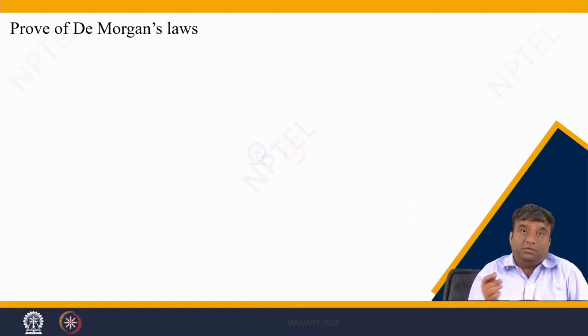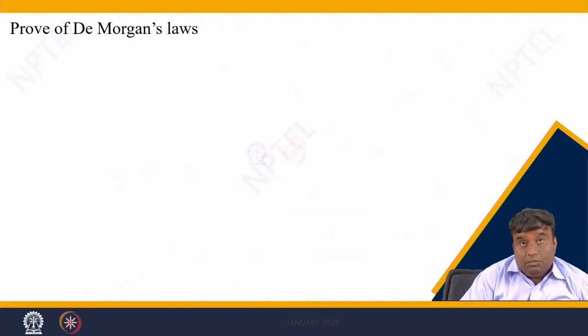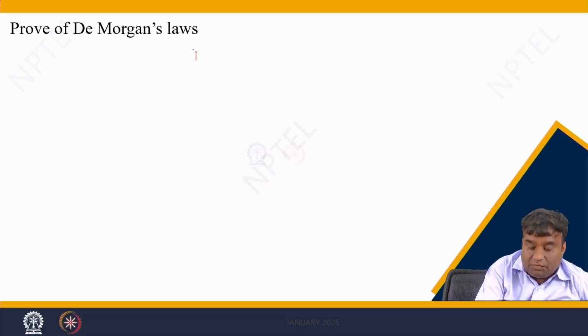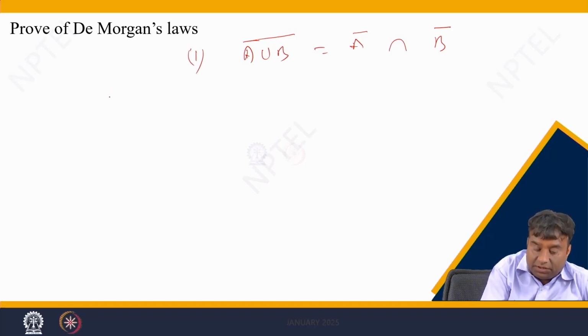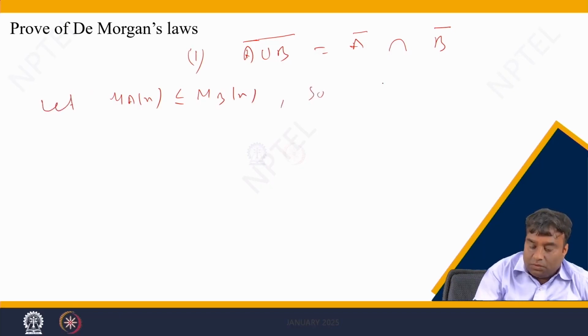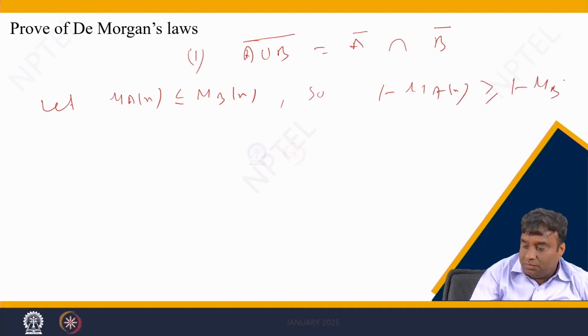Now try to understand the proof of De Morgan's laws. We are proving this property: the complement of A union B is equal to A complement intersection B complement. Without loss of generality, we assume mu A(x) is less than or equal to mu B(x). So 1 minus mu A(x) is greater than or equal to 1 minus mu B(x).